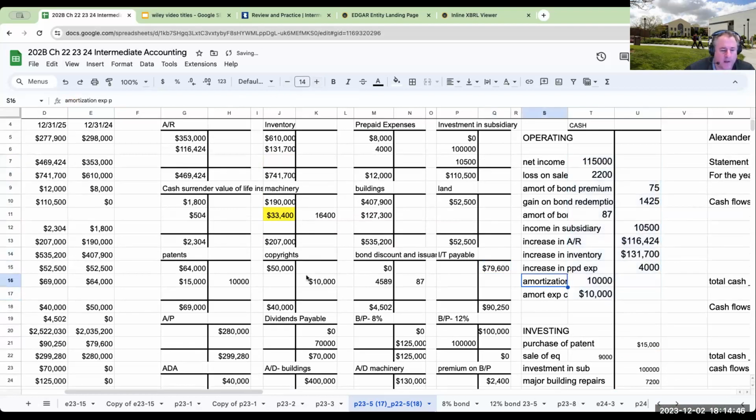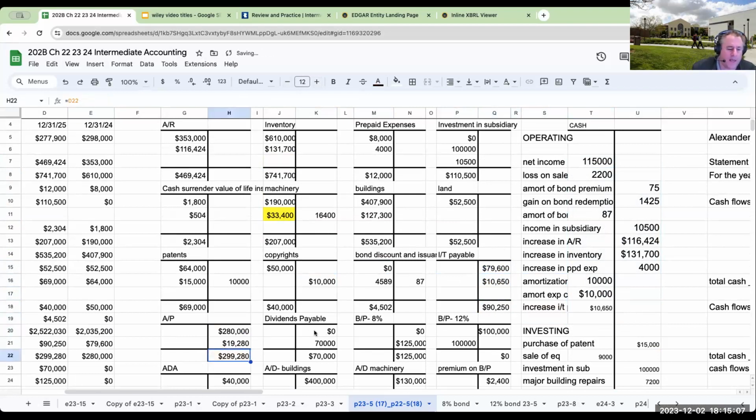Okay, so we balance there. The bond discount, we've dealt with that. The income taxes payable is going to be an increase in income taxes payable. This is going to be 10,650. We're doing the opposite to cash. It's a liability, so it's going to show as an increase.